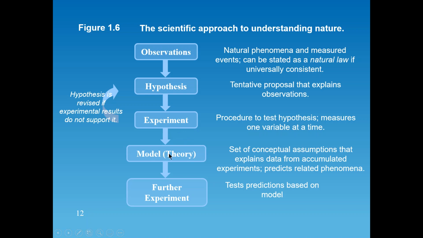Now, one thing I didn't mention, which I'm going to mention now, is that when you end up with a theory which is well established, that does not necessarily mean that's the end of the story, right? Because you can have a scientist, a researcher, tinkering in some lab somewhere, testing this established theory.